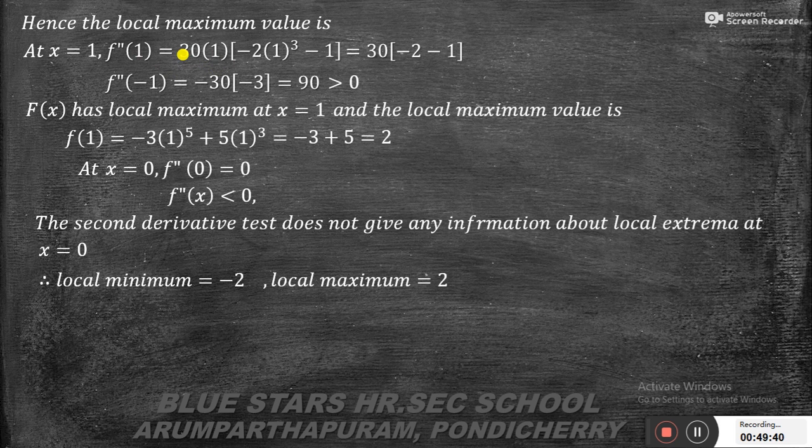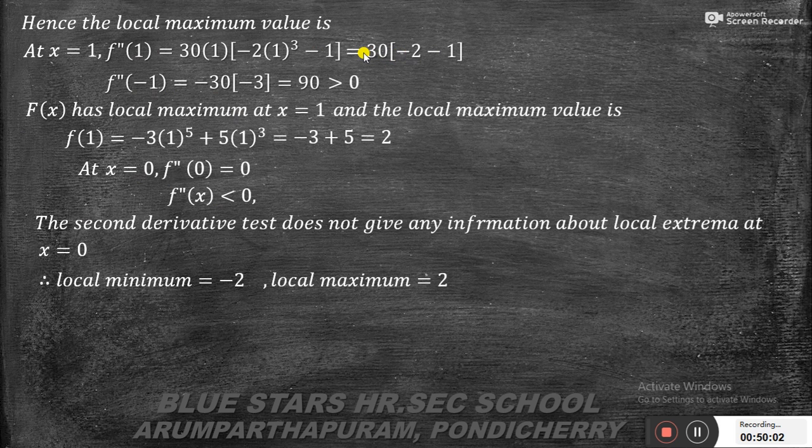So minus 60 plus 30 means minus 30. So f double dash of 1 is equal to minus 30.